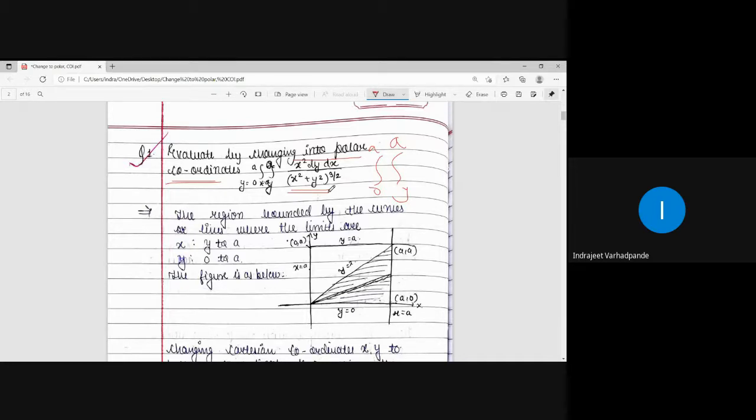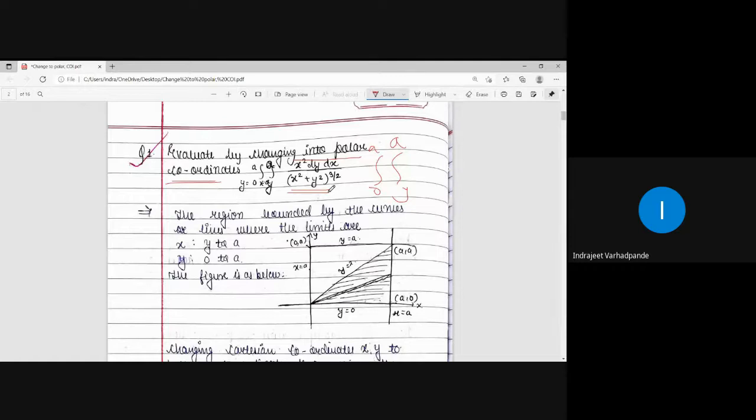Now to convert it into polar, I know the substitution, but unless I am aware of the region, I cannot determine the radial strip and get the limits for r as well as theta. So from the given information, I need to first determine the region.